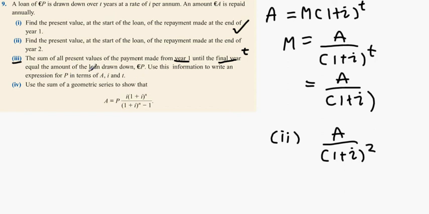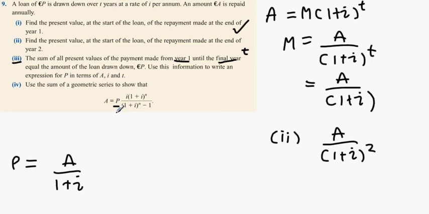The amount of the loan drawn has to be equal to the repayments. Sorry, so the entire amount of the loan will be equal to all the repayments.